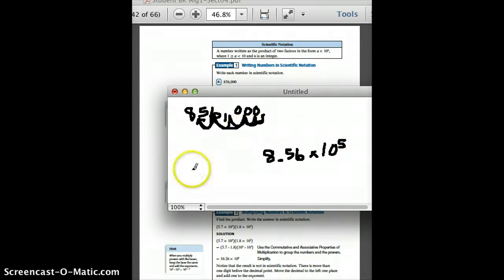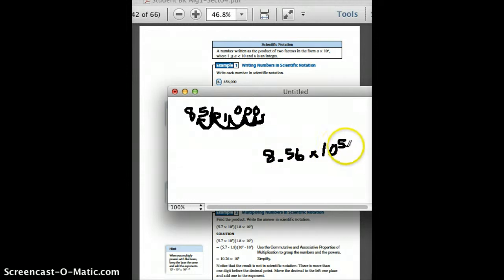Why is that? Because remember, when I started scientific notation, I move it to the right if it's positive. So yes, I went to the left, but I started from standard notation. It's a good idea to think in terms of this being a very large number, 856,000. 8.56 is obviously smaller, so I had to make it a larger number.